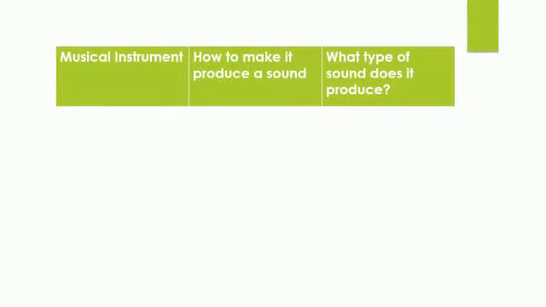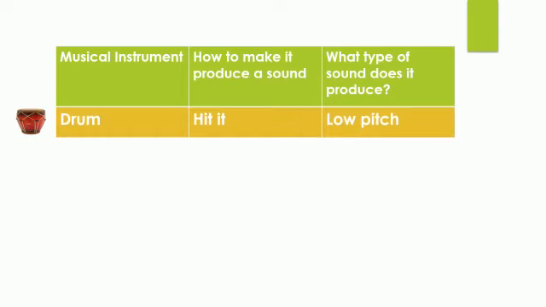Dear students, now we will learn how a musical instrument produces sound and what type of sound it produces. For example, drum. We can play the drum when we hit it and it produces a low pitch sound.